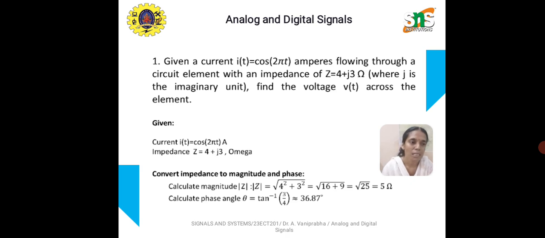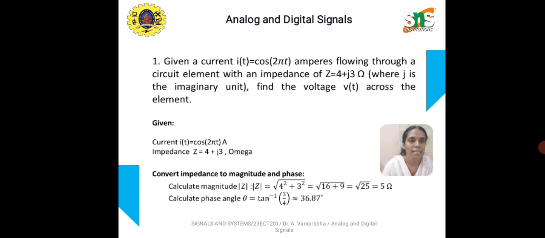Already we have discussed in the previous section the difference between resistance and impedance. The circuit which contains only the resistive element is known as the resistive circuit, and the circuit which contains both the resistive and reactive element is called a circuit with impedance element. What is a reactive element? It may be either an inductor or a capacitor.